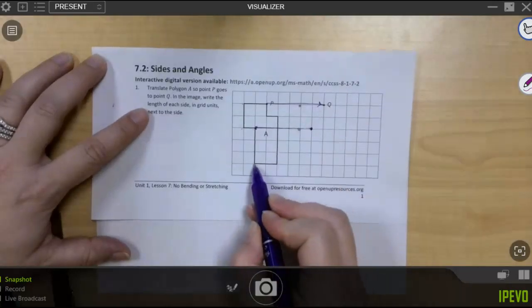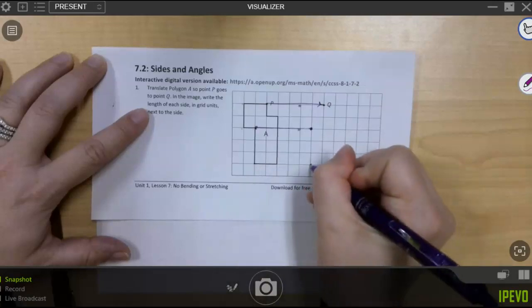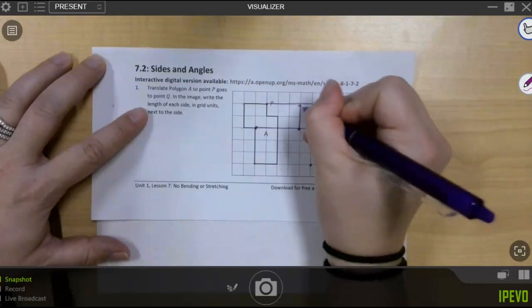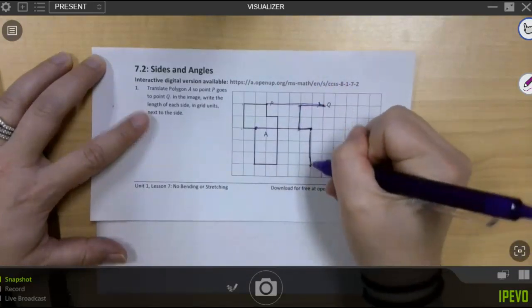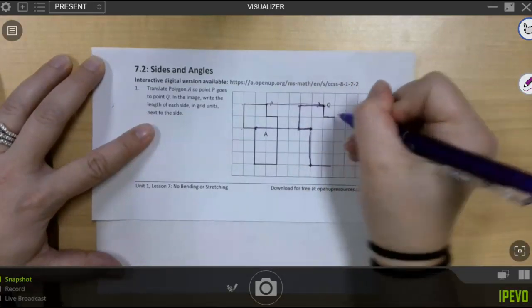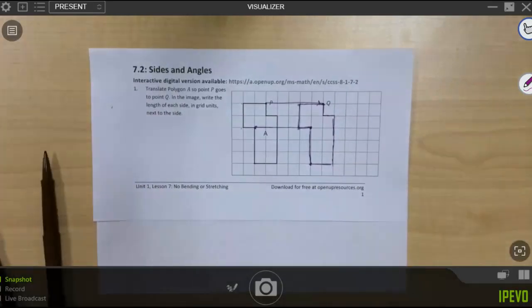And this point here is going to go to the right 5 spaces. 1, 2, 3, 4, 5. So we can continue to do that without that tracing paper. In the end, it's going to look like this. And there it is in place, both with and without the tracing paper.